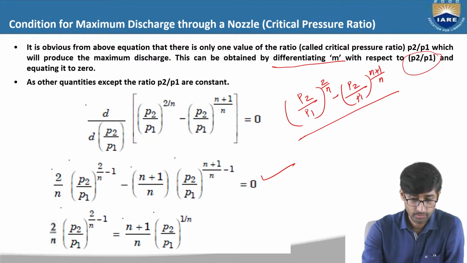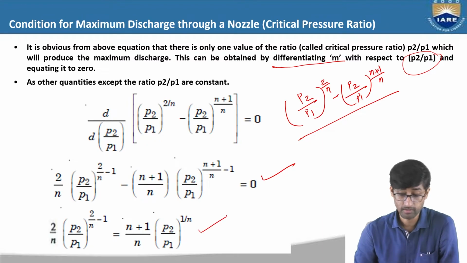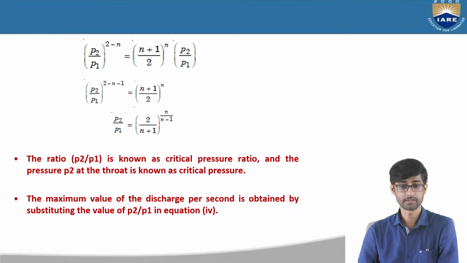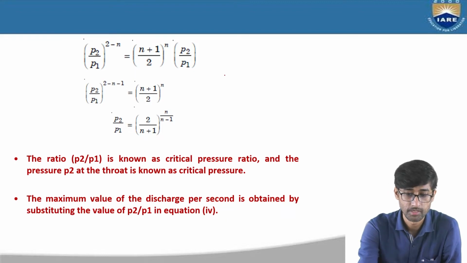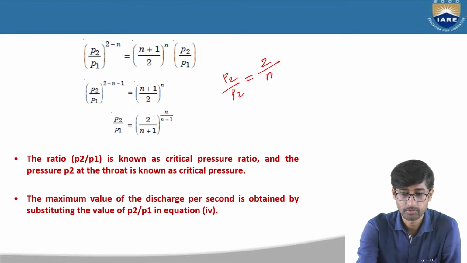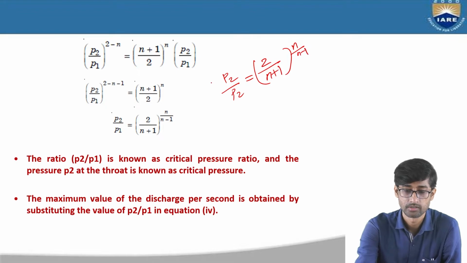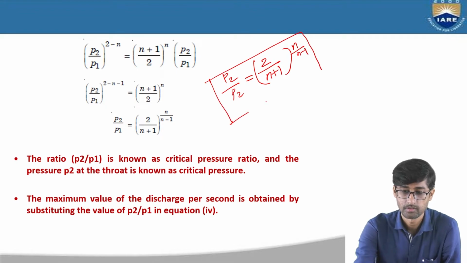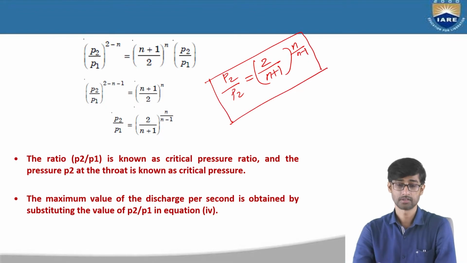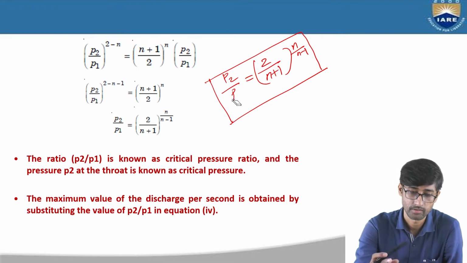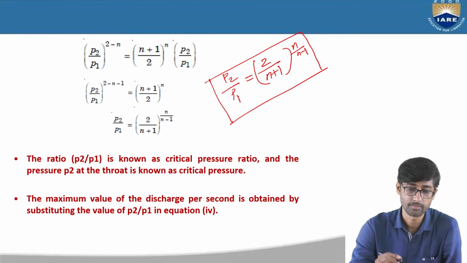Then from this equation we calculate the value of P2 by P1. P2 by P1 becomes 2 by n plus 1 to the power n by n minus 1. This is the condition for maximum discharge, which is nothing but the critical pressure ratio.